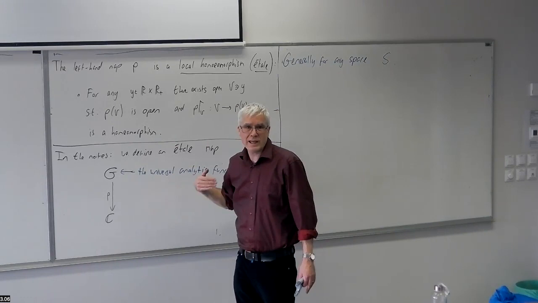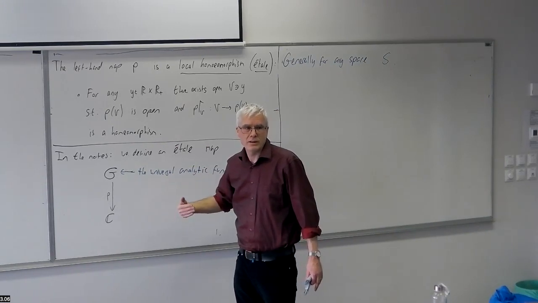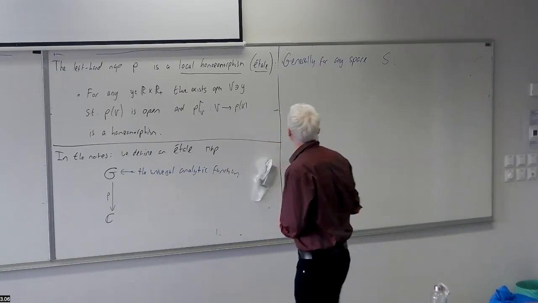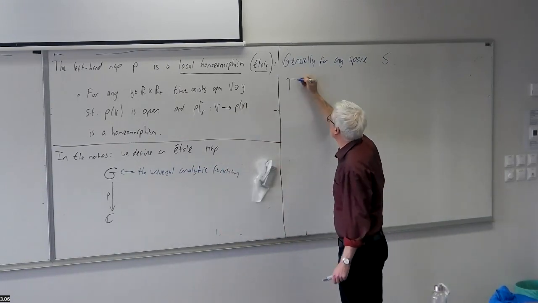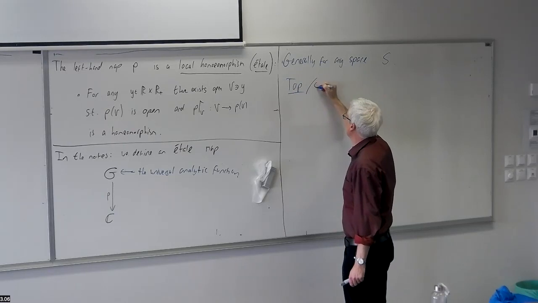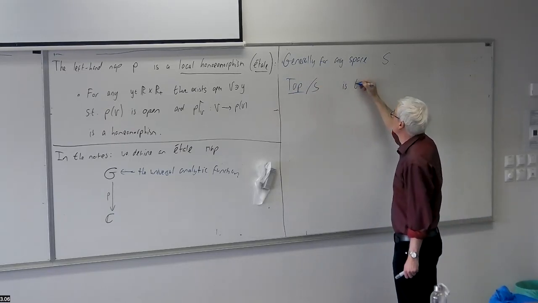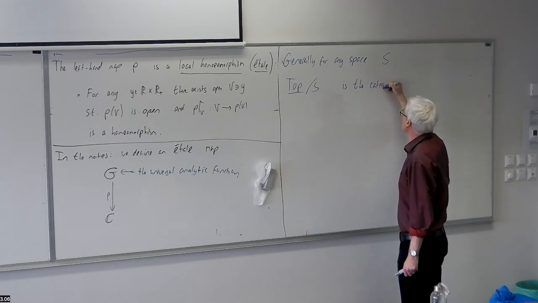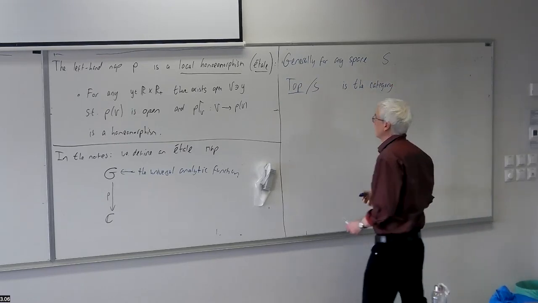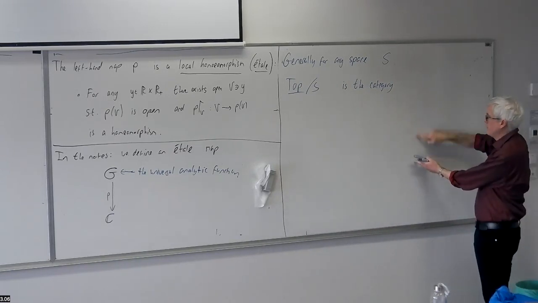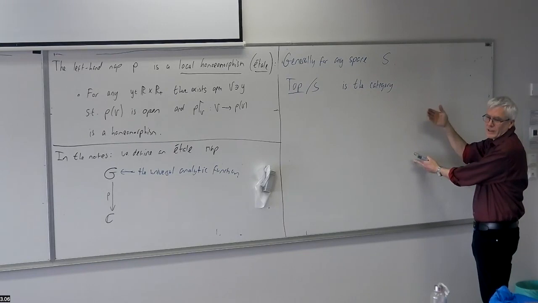Now, there's a natural category whose objects are continuous maps into the space S, which is the slice category of Top by the object S. And typically, when you look at a continuous map into S, you're viewing it as a kind of object of a slice category.